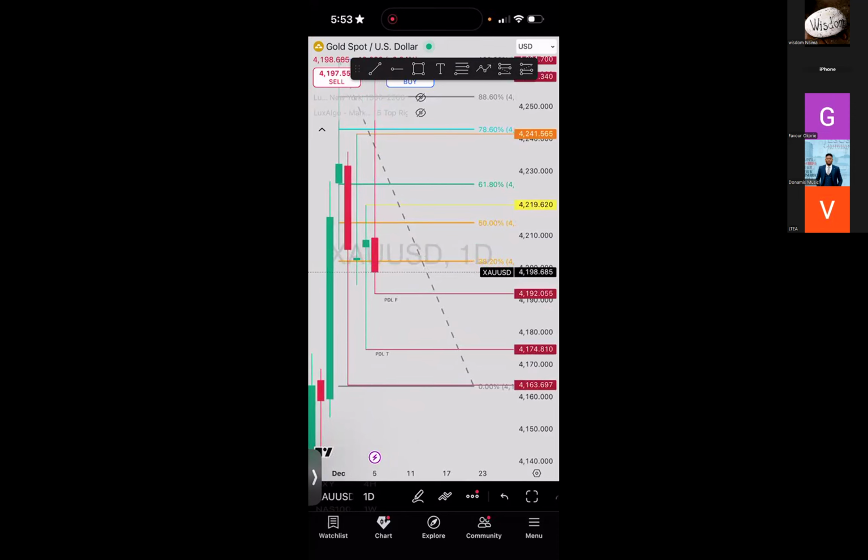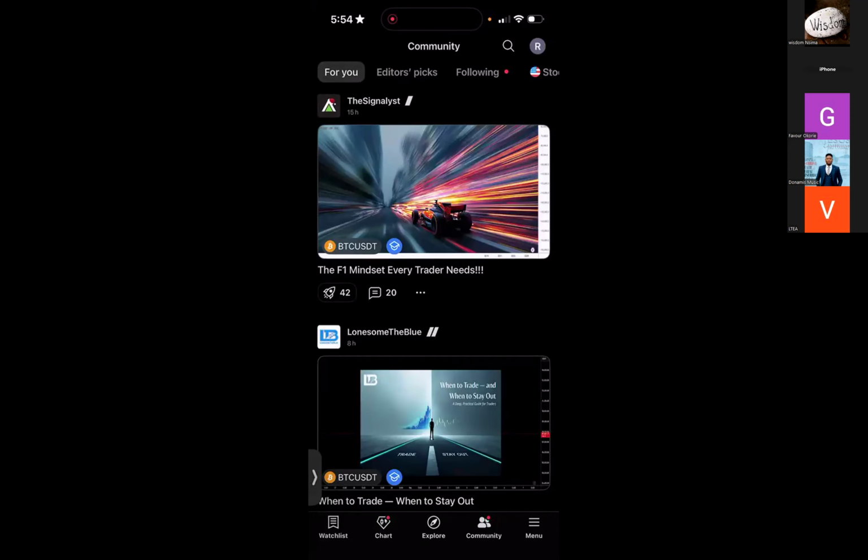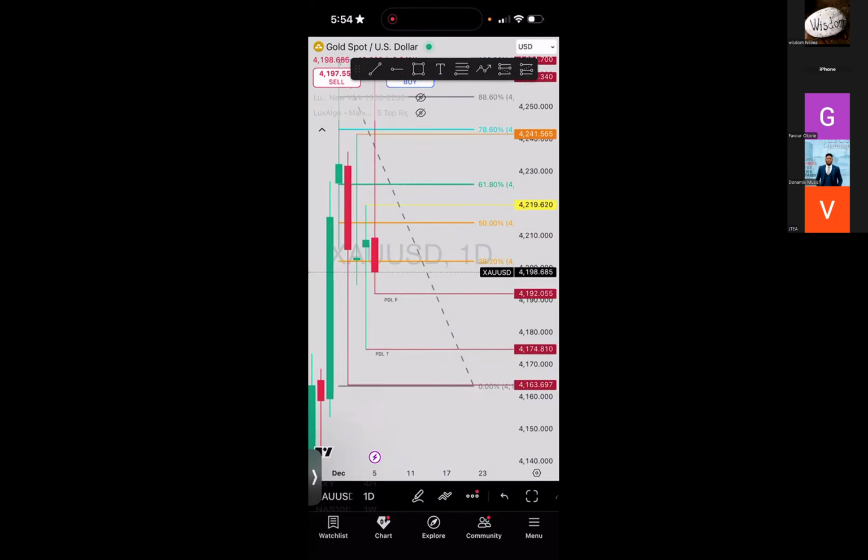You want price to pull back into your premium to sell. And the point of interest in premium will be the high of that first green candle and the second half of the second green candle. Those are areas I would like to consider.